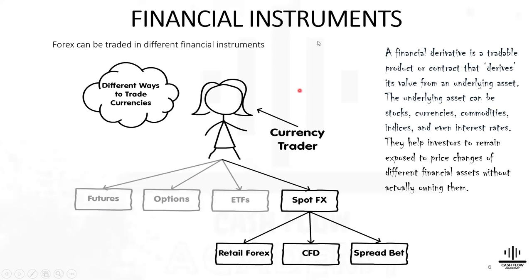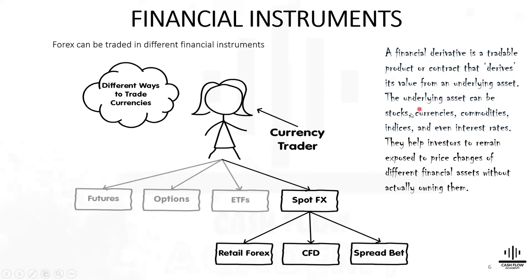So now what is a derivative? A financial derivative is a tradable product or contract. Now look at the word here, contract, because you can look at the examples that I gave in explaining this financial instrument. The agreement between two people, the buyer and the seller, is called a contract. So that contract is what can be traded via this financial derivative. So I continue. The financial derivative is a tradable product or contract that derives its value from an underlying asset.